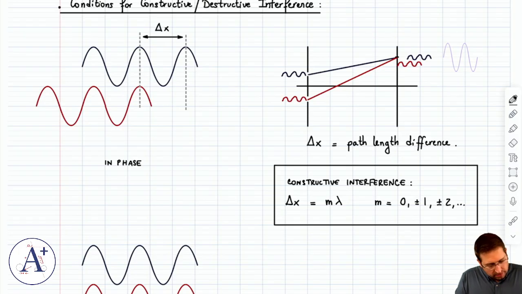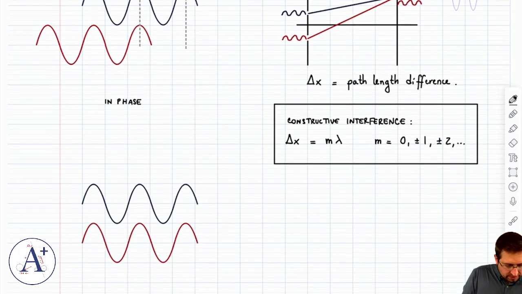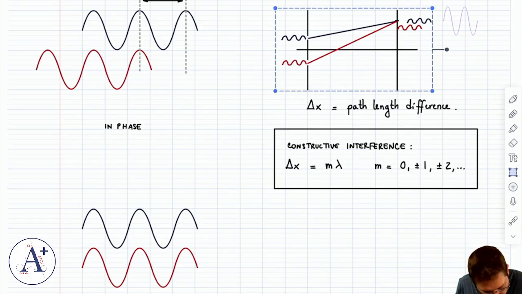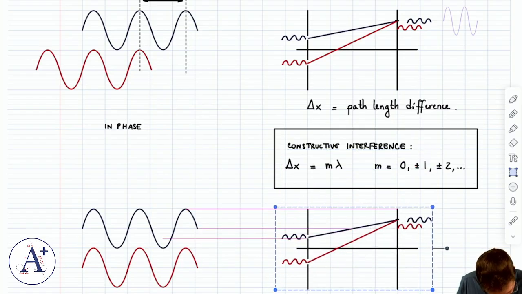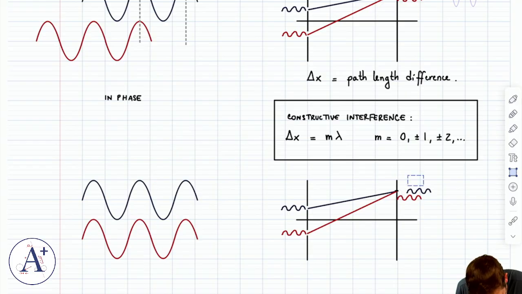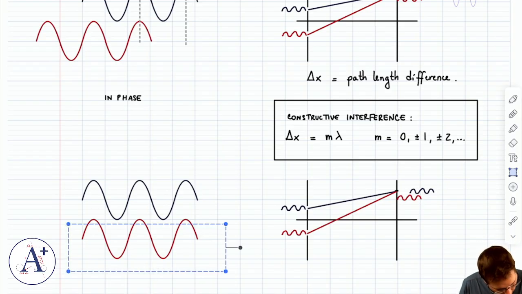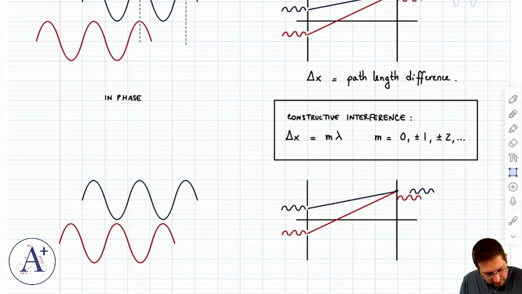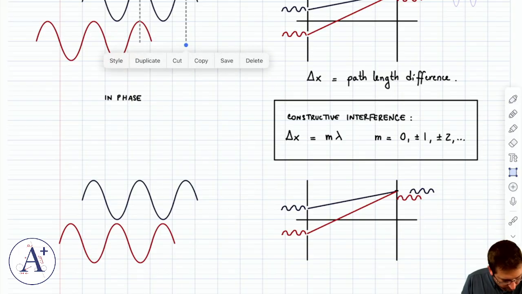Okay, so then let's entertain the other possibility, right? Where these two waves leave in sync. They go through different slits, they travel different distances, and now they arrive shifted in such a way that when the red wave is max, the blue wave is min, and so on and so forth.